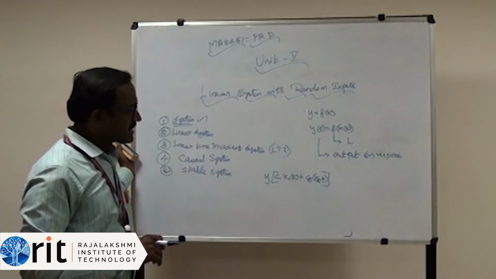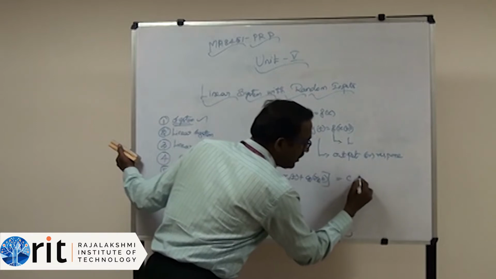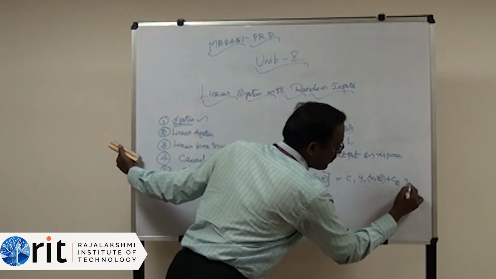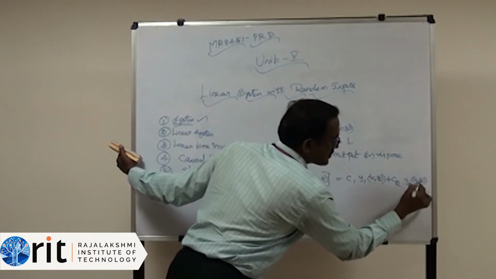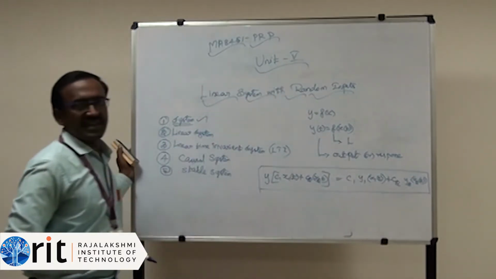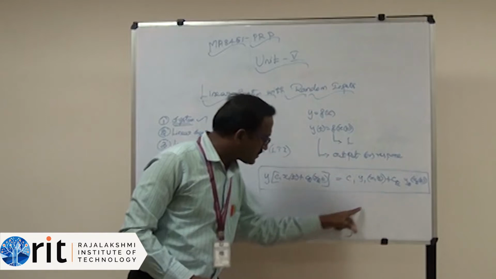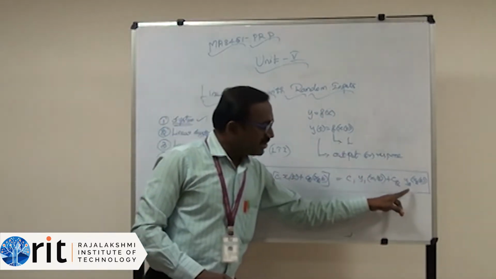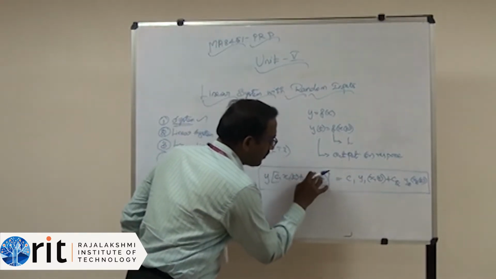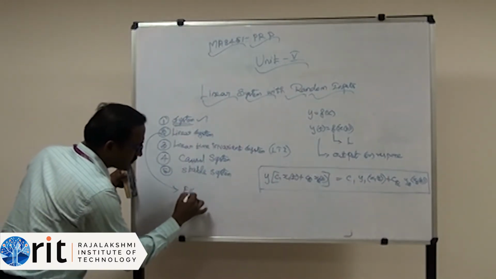The response to the sum of the inputs is equal to c1 into y1 of x1 of t plus c2 into y2 of x2 of t. So that is the linear system. If this condition is satisfied, we can say the given system is a linear system. Here y1 of x1 of t is the output corresponding to the input x1 of t, and y2 of x2 of t is the output corresponding to the input x2 of t. This is what we are going to see here. I will give some examples of how to identify the linear system.